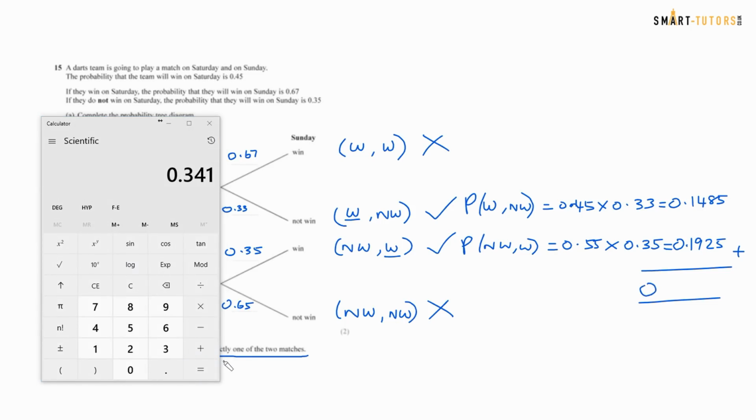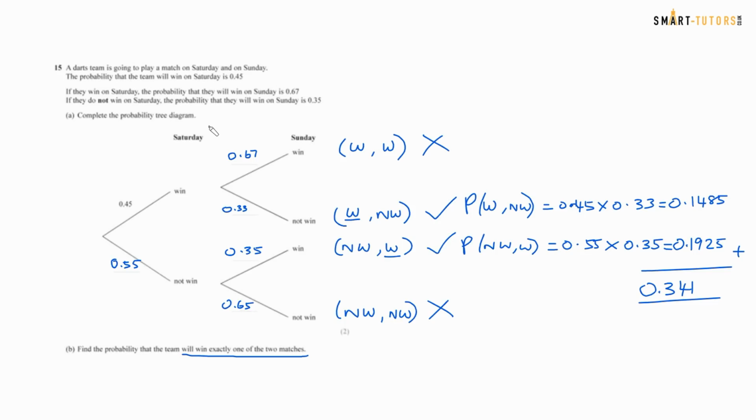Add them together, plus 0.1485 is 0.341, and that is the answer for part B.